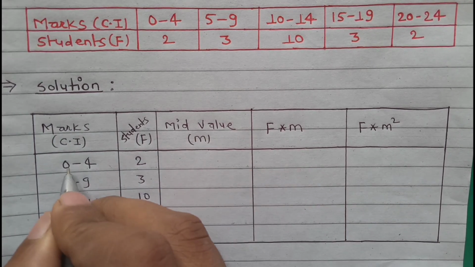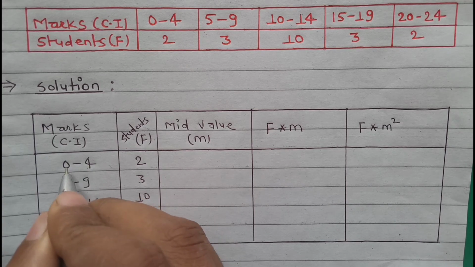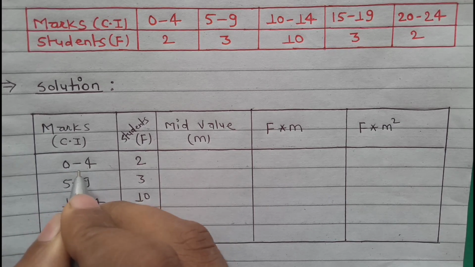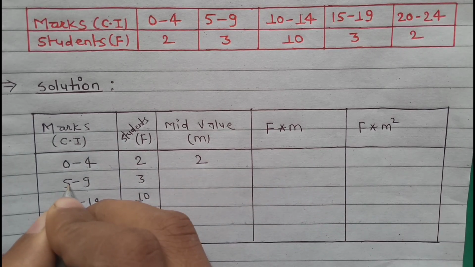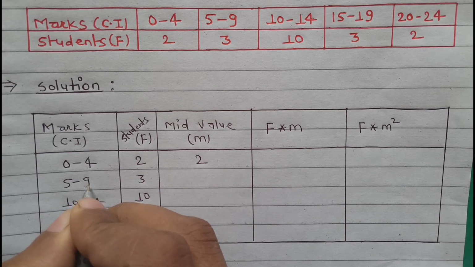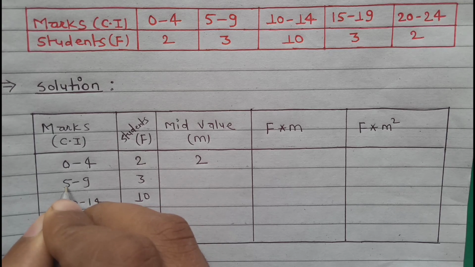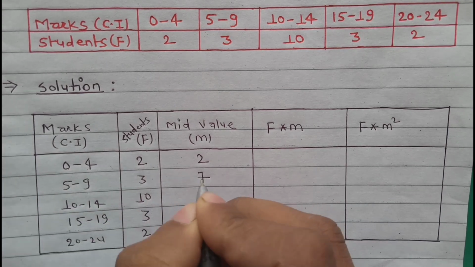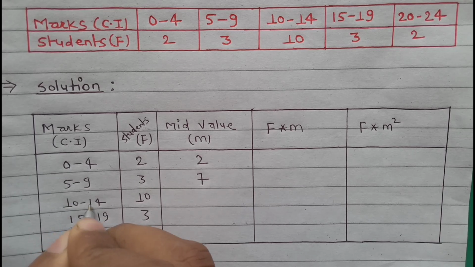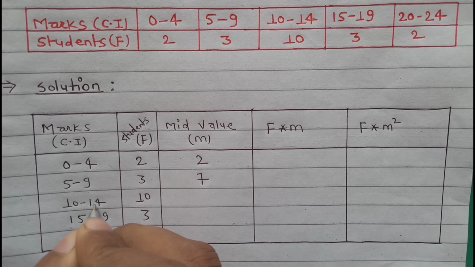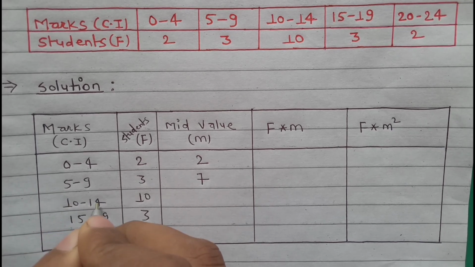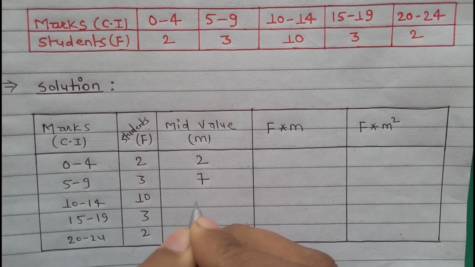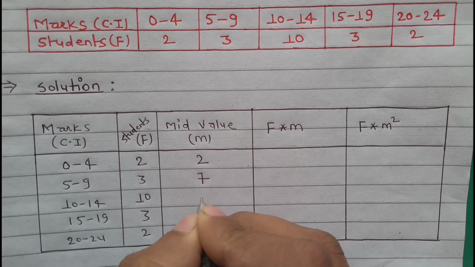For mid value, we add the two limits and divide by 2. 0 plus 4 divided by 2 is 2. 5 plus 9, that is 14, divided by 2 is 7. We add both 10 and 14 and divide by 2 because these are the two numbers. 10 plus 14 is 24, divided by 2 is 12.